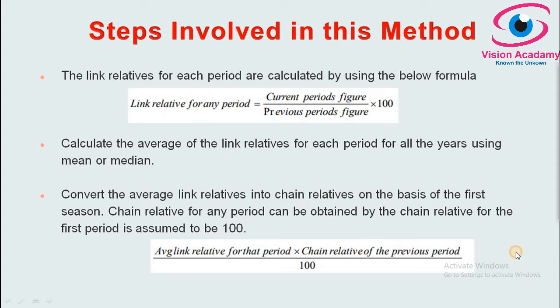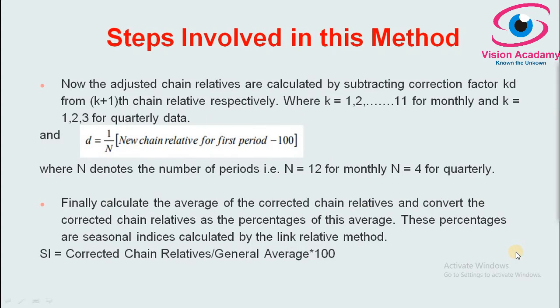So these are 3 steps, and we also have further steps. After finding chain relatives, we need to go for adjusted chain relatives or corrected chain relatives. To obtain corrected chain relatives, we need to subtract the correction factor, CF, from the chain relatives we obtained in the last step.